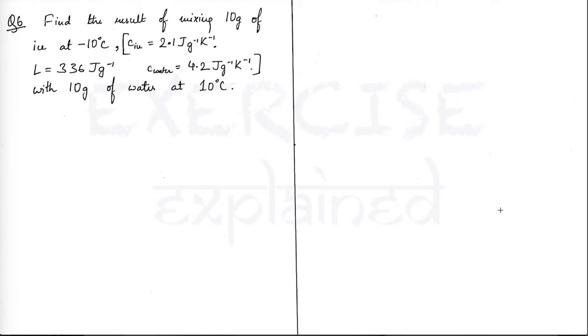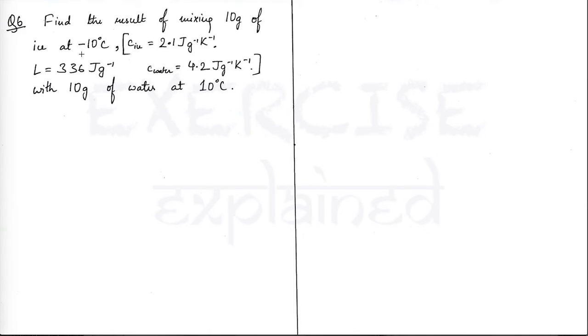So coming into the question number 6, calorimetry exercise 11b. Find the result of mixing 10 gram of ice at minus 10 degrees Celsius with 10 gram of water at 10 degrees Celsius. So we just need to find out what is going to happen when we mix both of them.